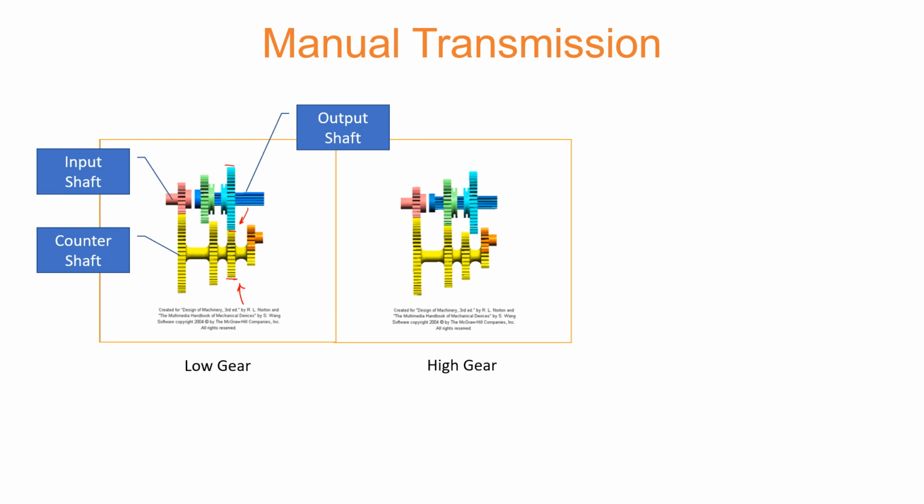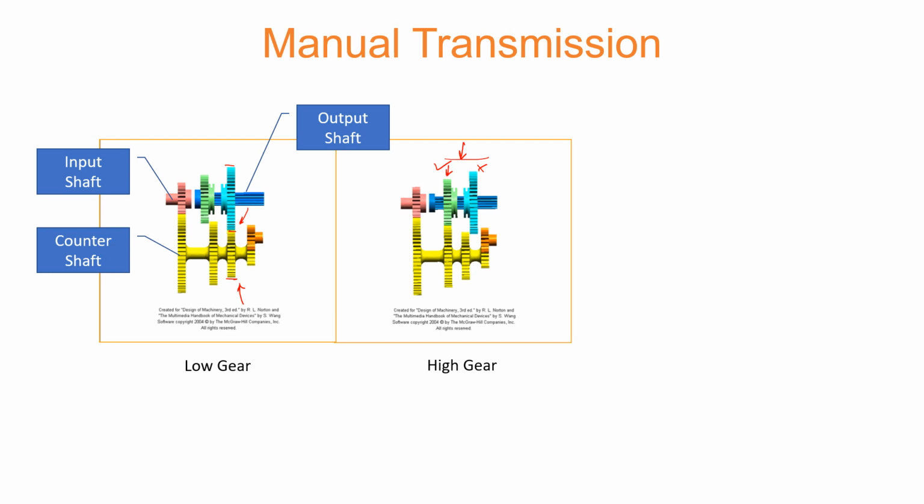Internally, this arrangement is selected in a sense that the output is now generated from this gear rather than this gear. So the low gear setting has been disengaged and the high gear setting has been engaged, which means that you can now achieve higher speeds, but comparatively lower torques.